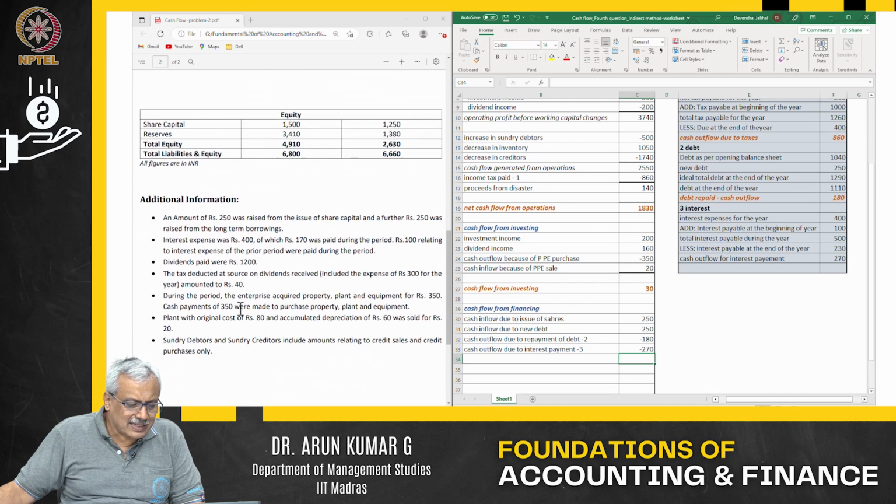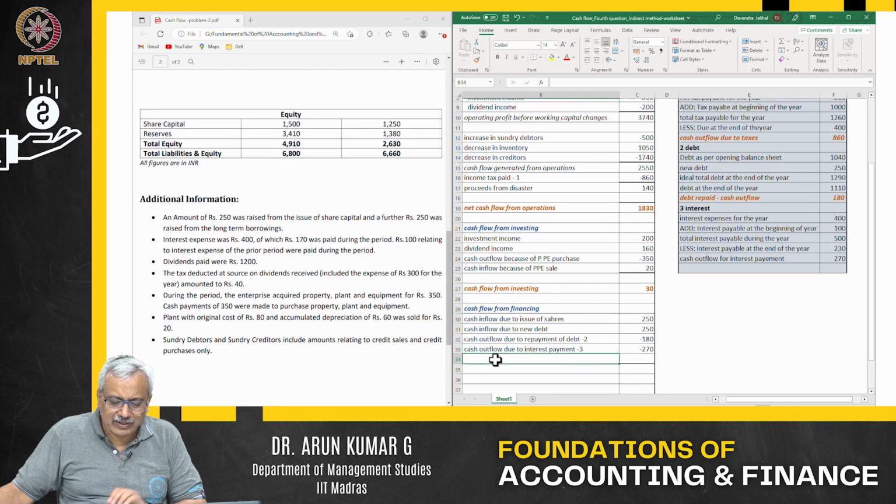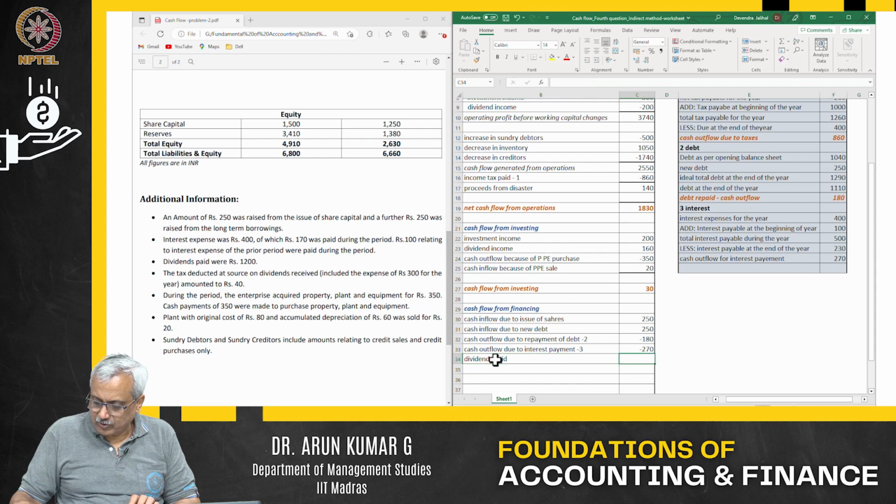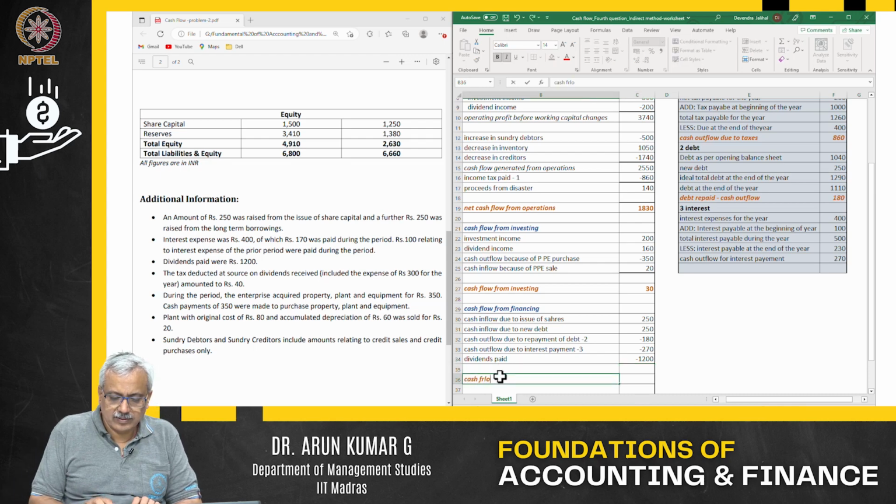Then there are dividends paid. I have cash outflow, dividends, minus 1200. So, if I see this, what is the cash flow from financing?